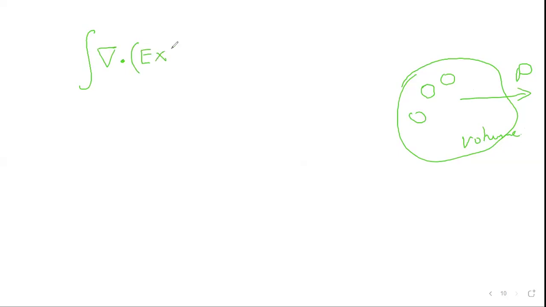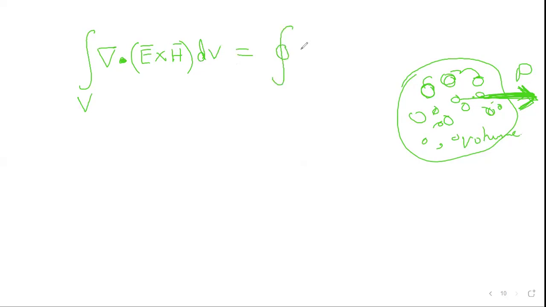You take tiny volumes, closed surfaces inside this volume, and you are trying to integrate it over the entire volume to see the net power coming out from this volume. So we are doing a volume integral in order to get the total power coming out from this surface.